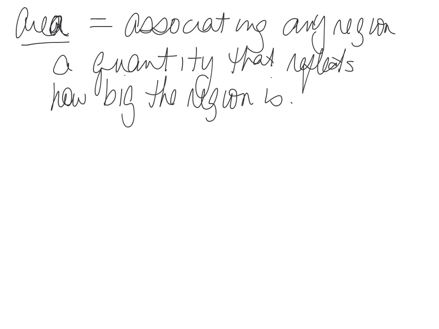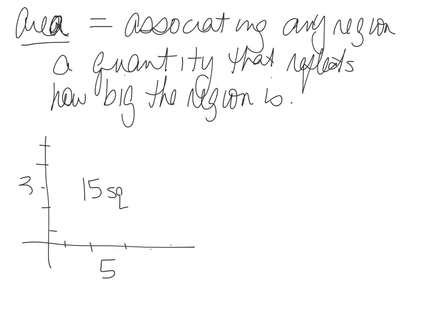In the examples that we gave you in the beginning, we had grid lines. In the first one, we had 5 times 3, and that gave us 15 square units. And then the next one, it was 5/3 by 3/4.